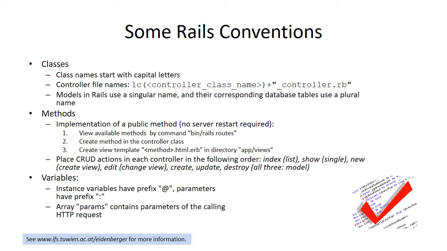Okay, when it comes to methods, the implementation of a public method means that first you have a look at the routes that are already implemented. If it is already there, you create the method in the controller class where it belongs, and you create the view template in the view section.